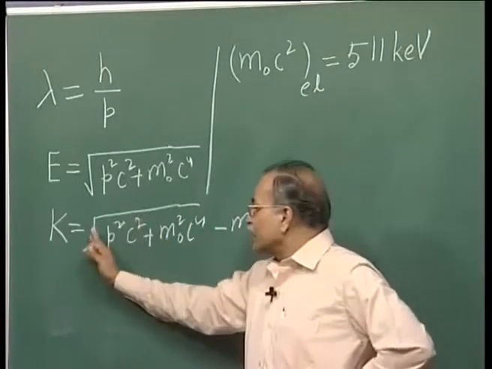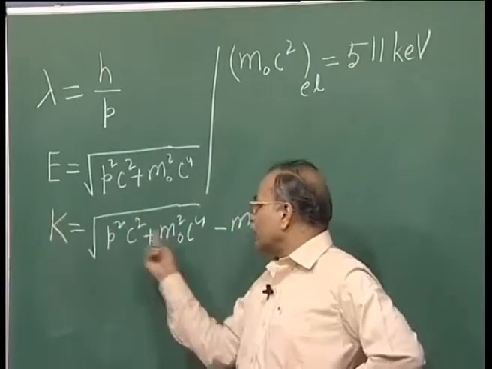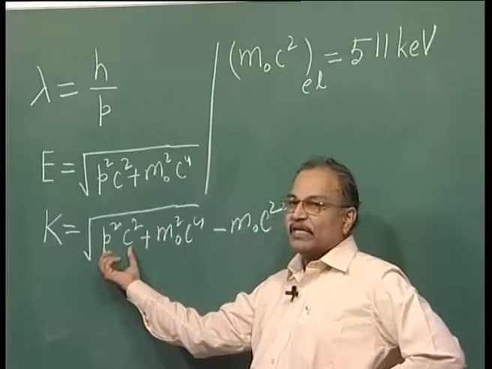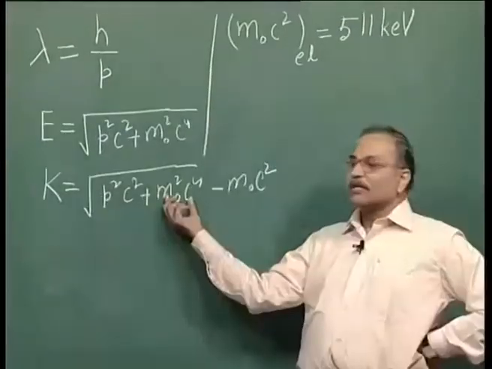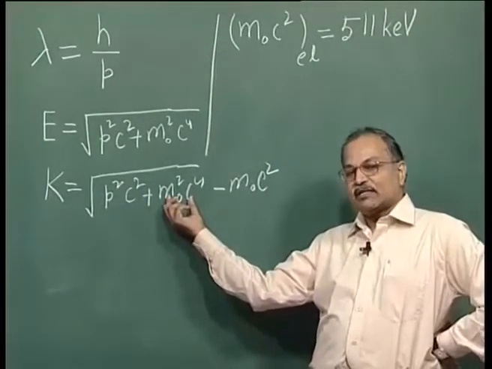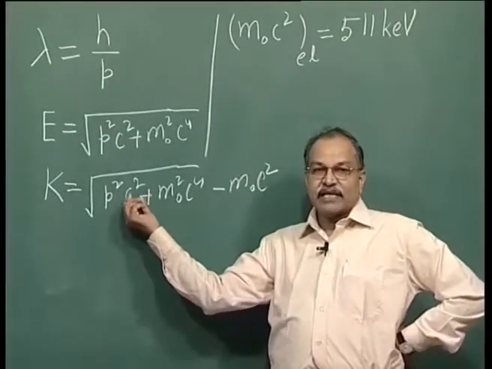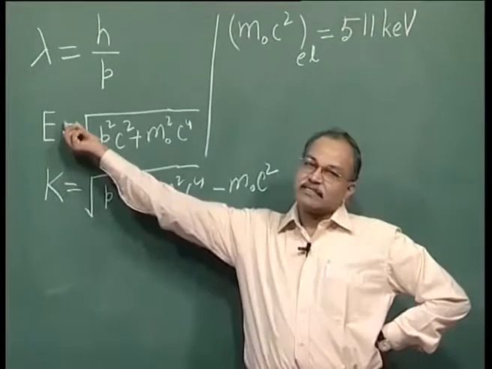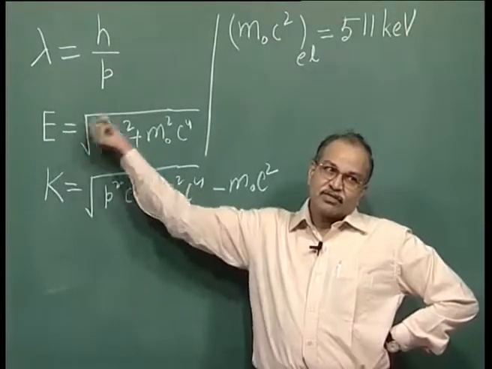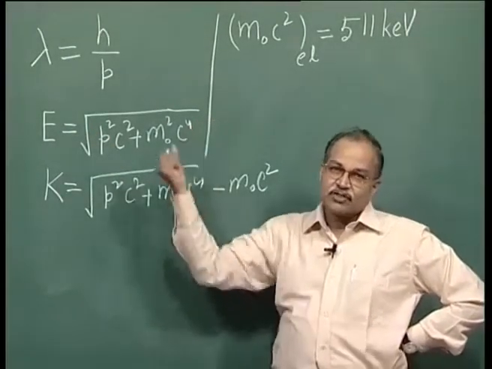And then again here, since this is large and this is small, this has to be very large, and then probably you will also neglect this part, and then you will get kinetic energy is just p times c, and kinetic energy is almost the same as the total energy, because the rest mass energy is also small.